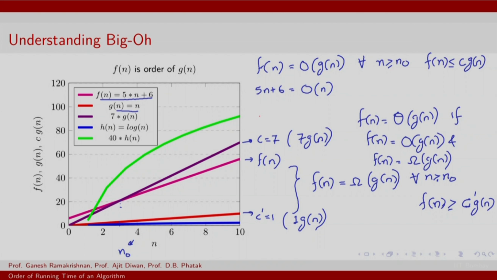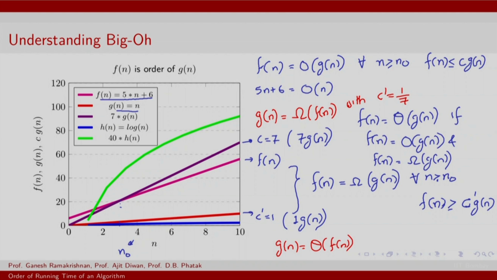So in fact one can say that g(n) equals omega f(n) with c prime value of 1 by 7, exactly the reciprocal of what was used here. On similar terms, one could talk of g(n) being theta f(n).